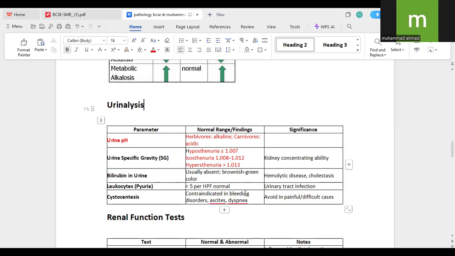You can see elevation during UTI, urinary tract infection. Cystocentesis is basically when we puncture the bladder to remove the urine. So this is called cystocentesis. Contraindicated in bleeding disorders, ascites and diphtheria. Avoid in painful and difficult cases.